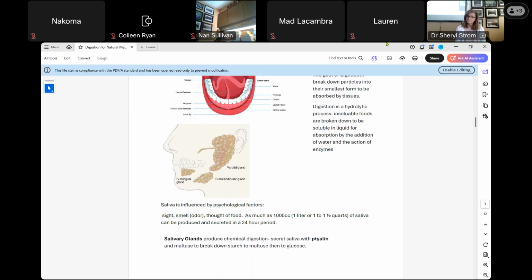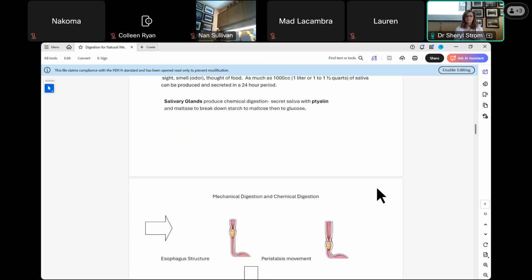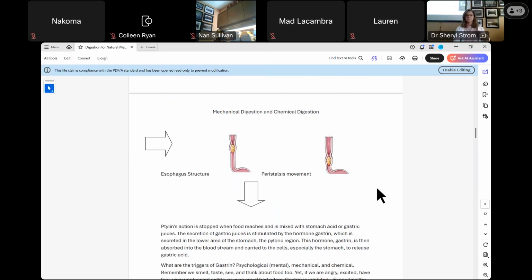On a happier note, water is truly important because we have a lot of saliva that we need to mix the food with, to make sure the food can easily pass down the esophagus, okay? And that's the direction where we're headed. Mechanical digestion. So this is mechanical, right?